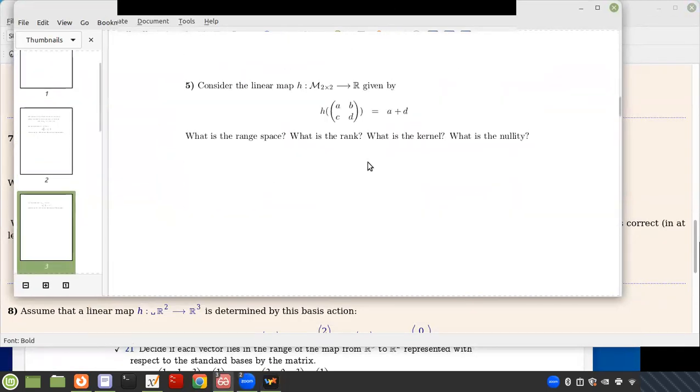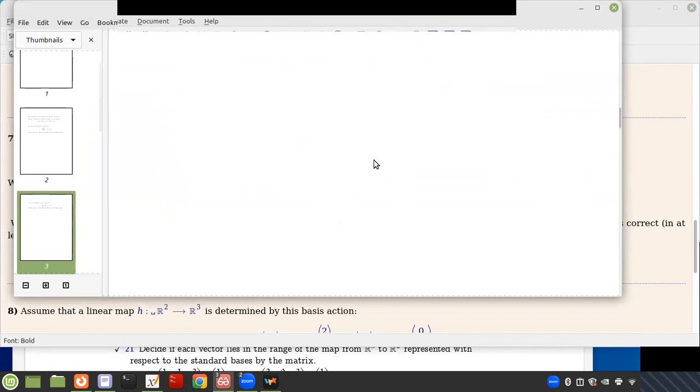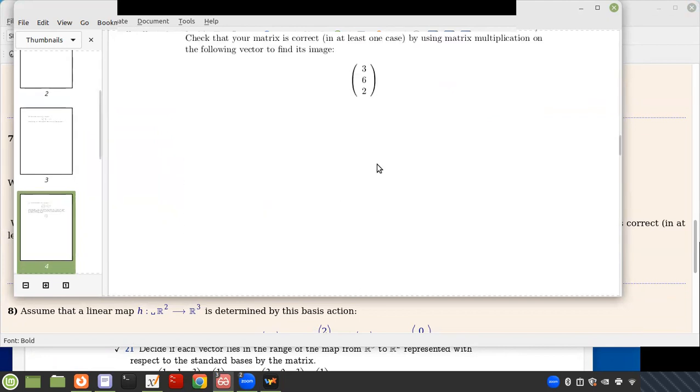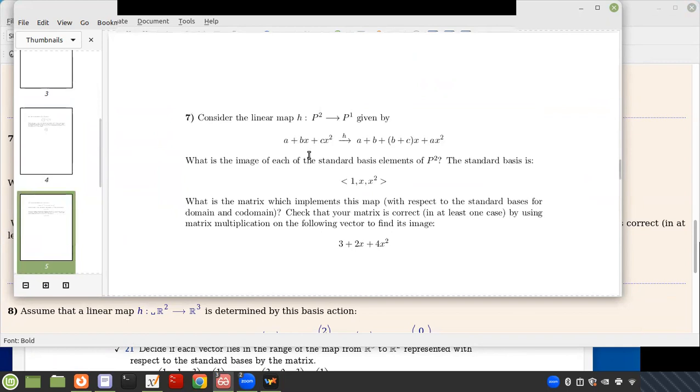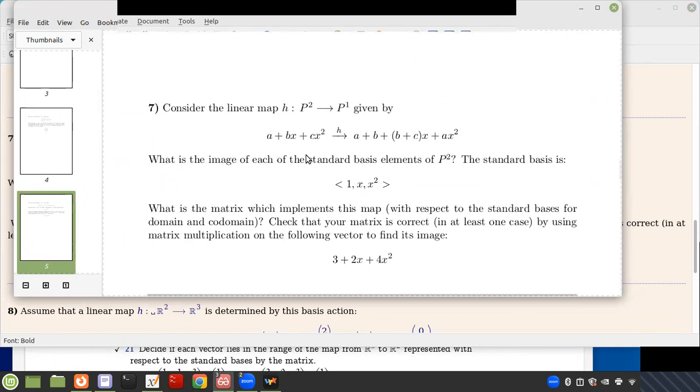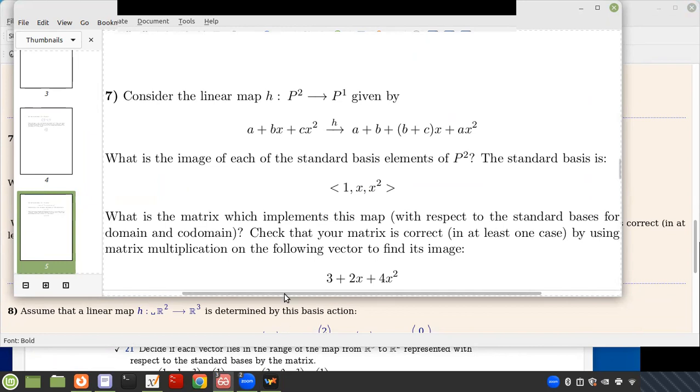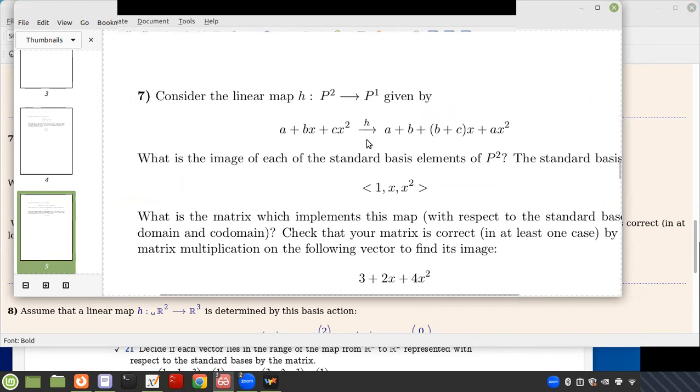Okay, so number 7. You have a polynomial map quadratic to linear. No, wait, what am I doing? It's not quadratic to linear. There's a typo there. This is obviously quadratic to quadratic. I'll have to fix that.